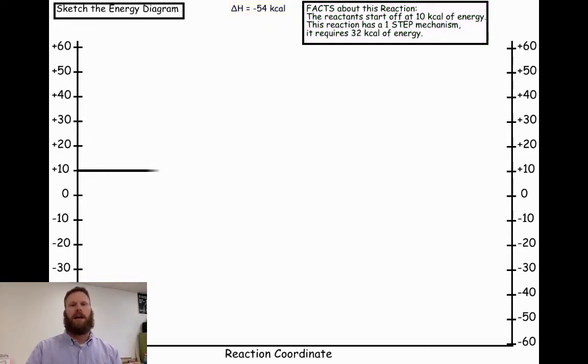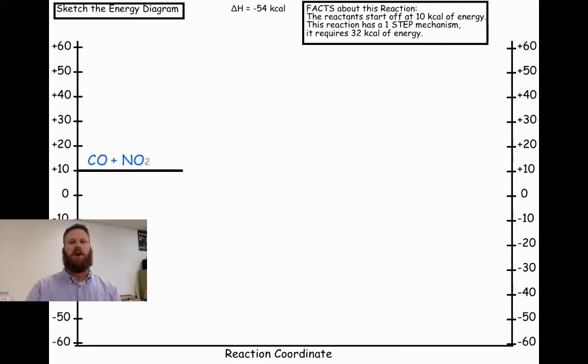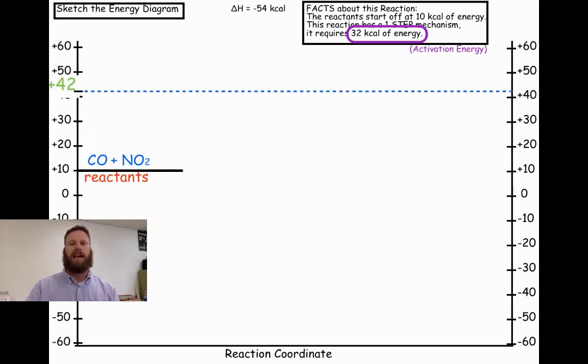Let's start by drawing a horizontal line at 10 kcals for the reactants, CO and NO2. In order for products to form, the reactants need to increase in energy by 32 kcals. This is the activation energy for the reaction. This means the hill or hump of the energy diagram occurs at 42 kcals.